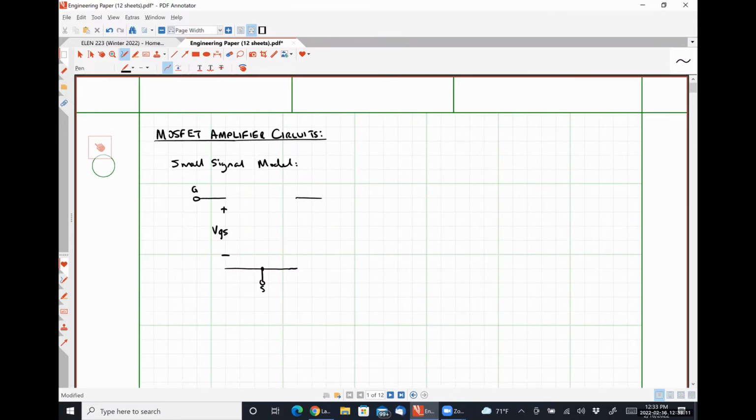But for the time being, we are going to consider that we are analyzing our circuits at a point where the external capacitances used to bias the circuit are large enough so that they behave like short circuits at our frequency of interest.